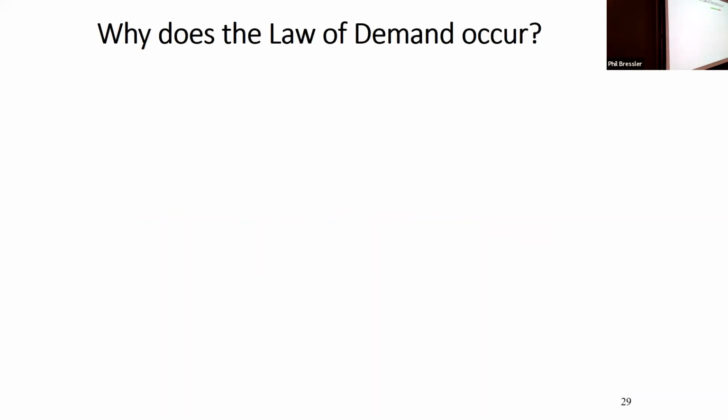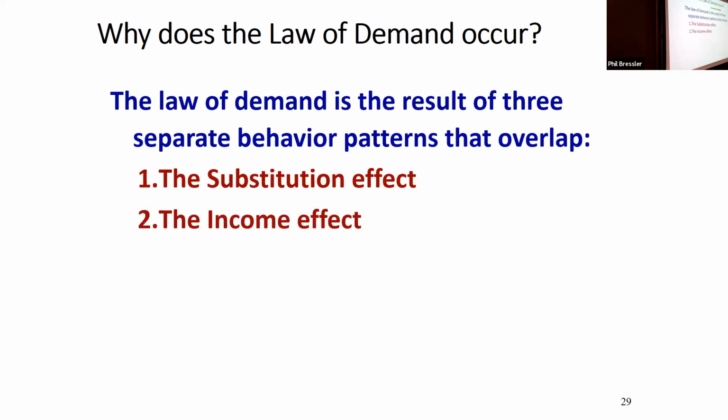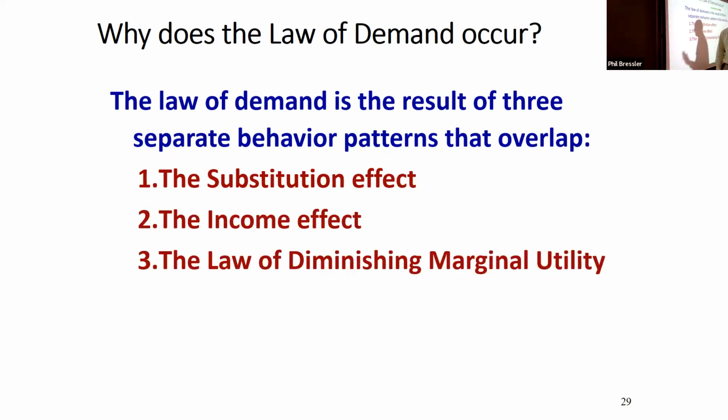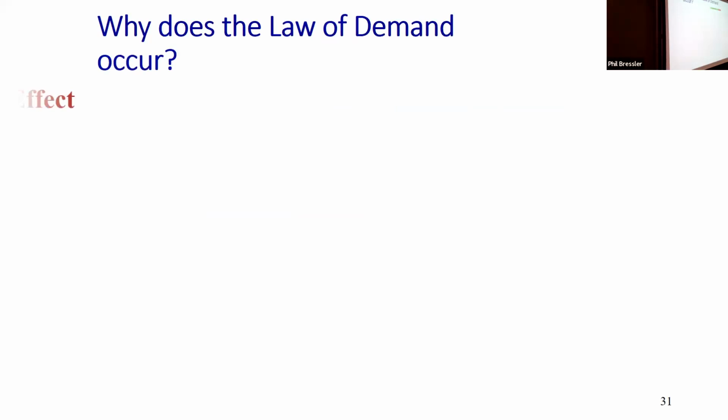Inverse relationship. All right, now why does the law of demand exist? There are three reasons: the substitution effect, the income effect, and the law of diminishing marginal utility. And I'll go over each one of these three reasons. Okay.